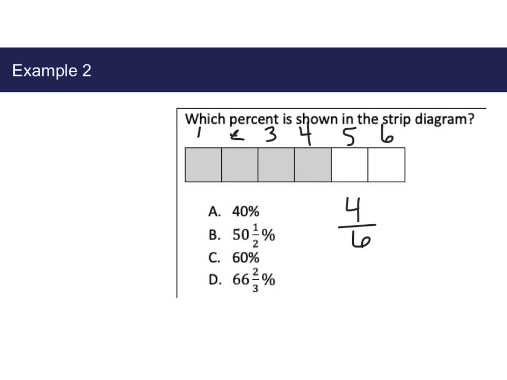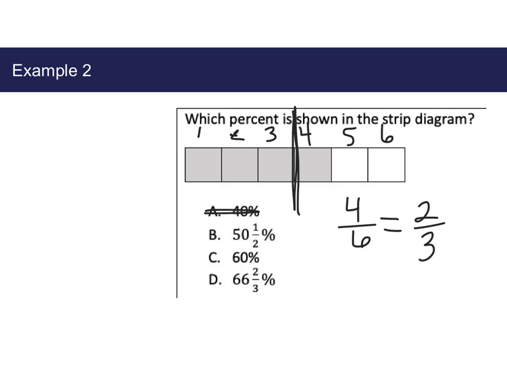Now, one thing you'll notice is that this is the halfway point, right? So more than 50% of this diagram is shaded. So that tells me that this cannot be true. So more than half of this is shaded, 4/6 to be exact. If I reduce that fraction, that becomes 2/3.